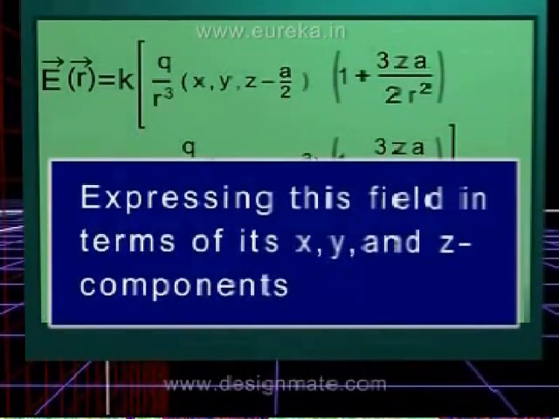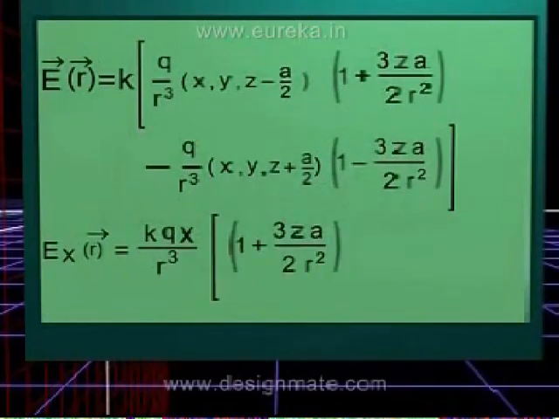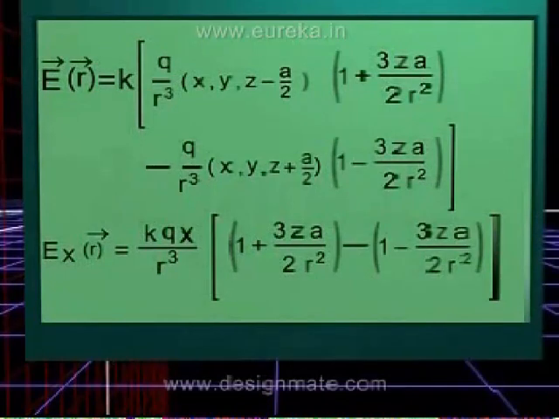Expressing this field in terms of its x, y and z components, we get Ex(vector r) is equal to kq upon r cube into x[(1 plus 3za upon 2r square) minus (1 minus 3za upon 2r square)].